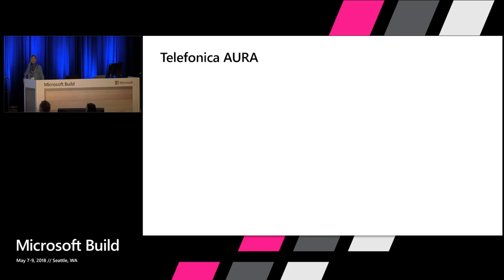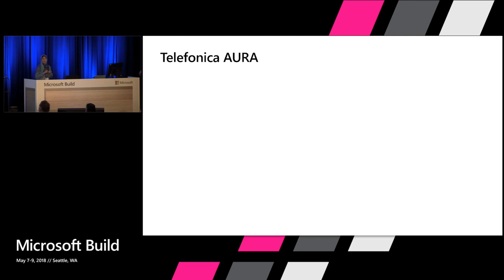Telefonica Aura. Telefonica is a leading telco company in Spain, and it's available in different countries, like Argentina and Brazil and other places. They announced their Aura Assistant back in the second half of February this year, in 2018.